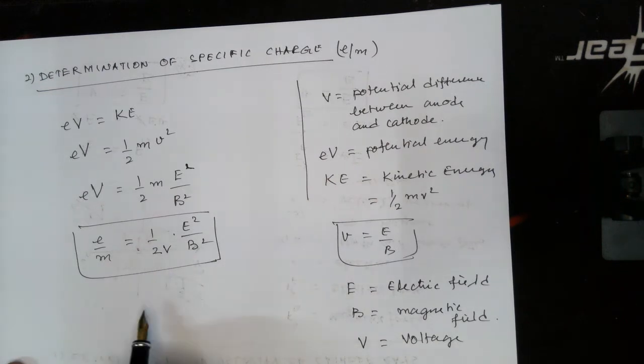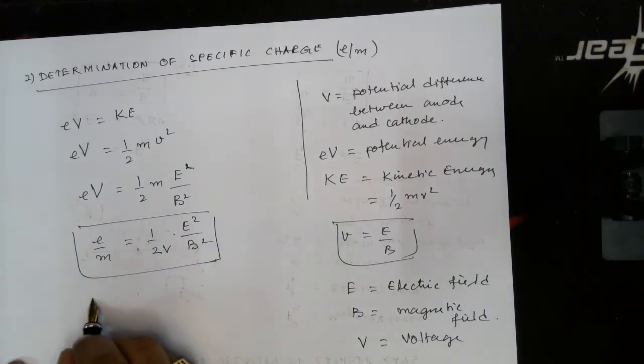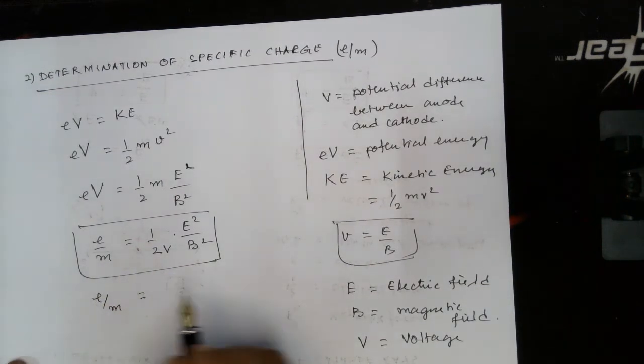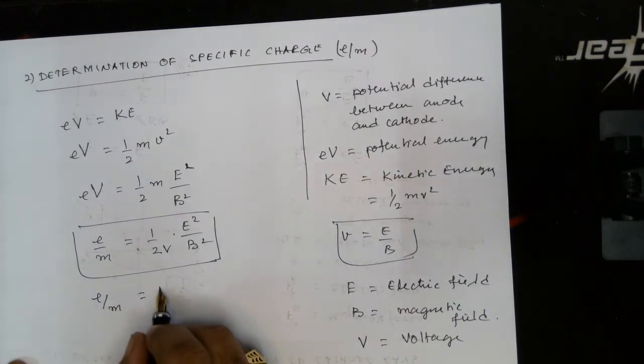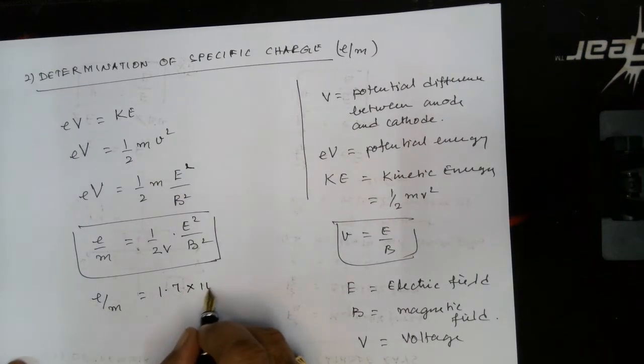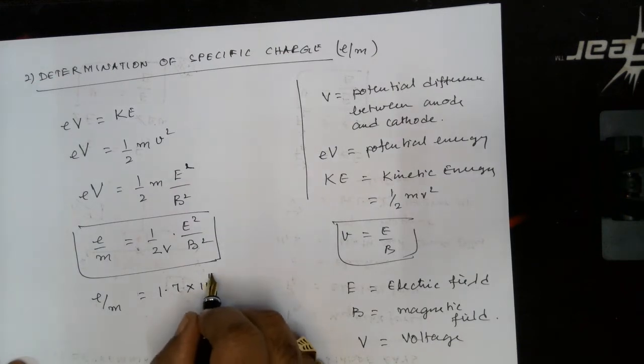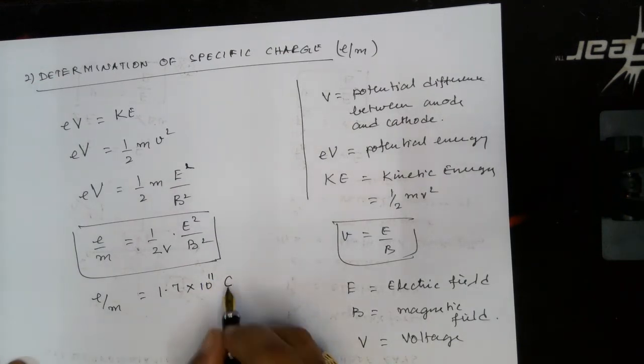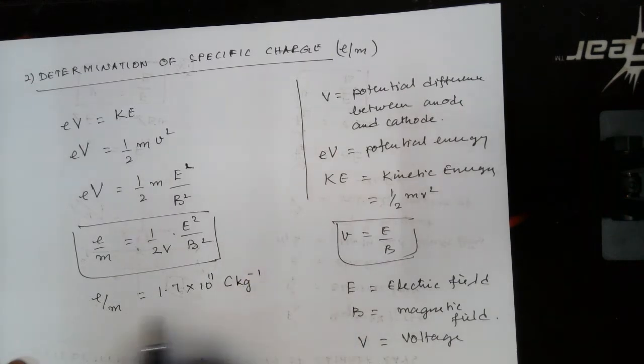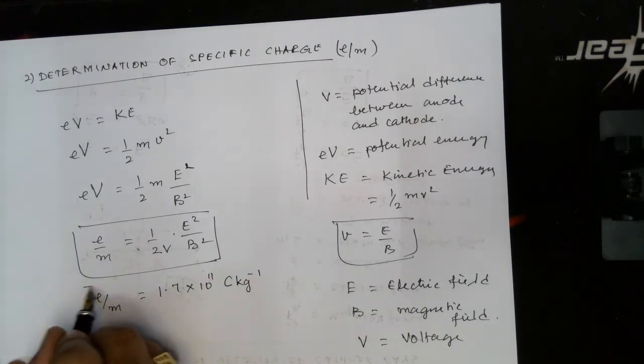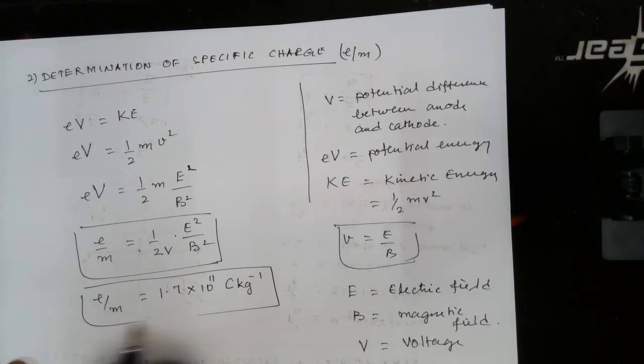So by substituting these values, we are able to get the value of e by m as 1.7 into 10 power 11 coulomb per kg. Because e is in coulomb, the unit of charge is coulomb, the unit of mass is kg. So the value is this much, 1.7 into 10 power 11 coulomb per kg.